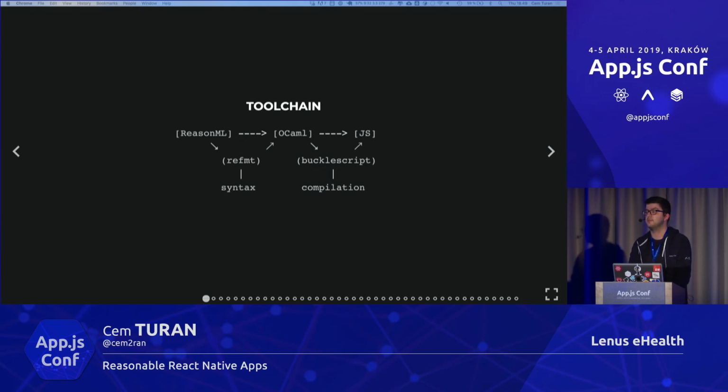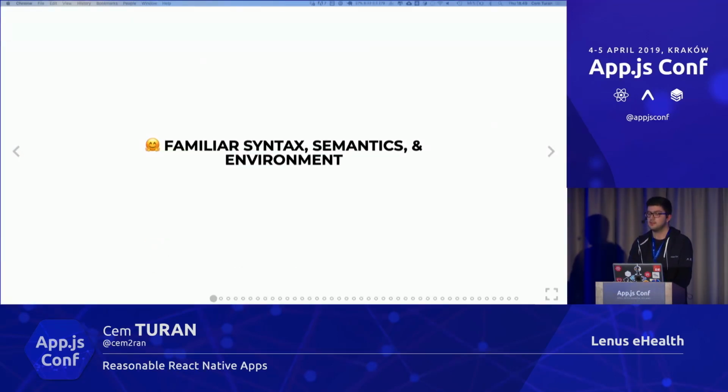And there exists an OCaml to JavaScript compiler called BuckleScript, which is being utilized in this toolchain to go from ReasonML to JavaScript. And ReasonML has a familiar syntax, so in my opinion, it looks like JavaScript. It has somewhat the same semantics, and you use the same environment you're used to to install dependencies. So you can use yarn and npm.